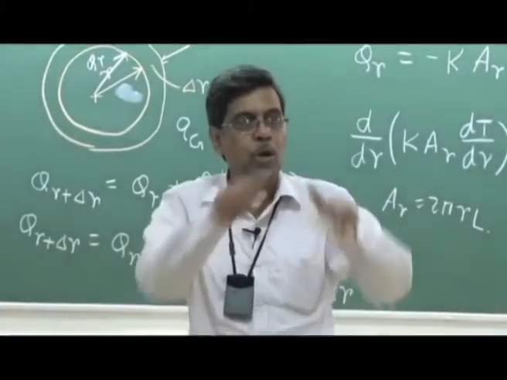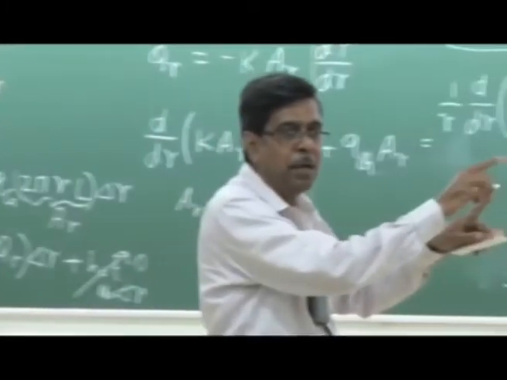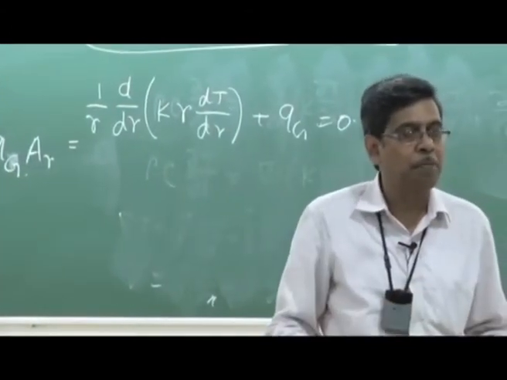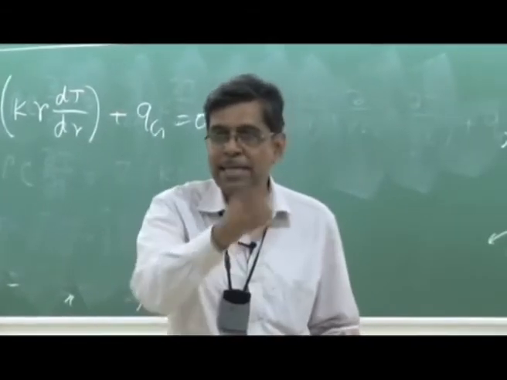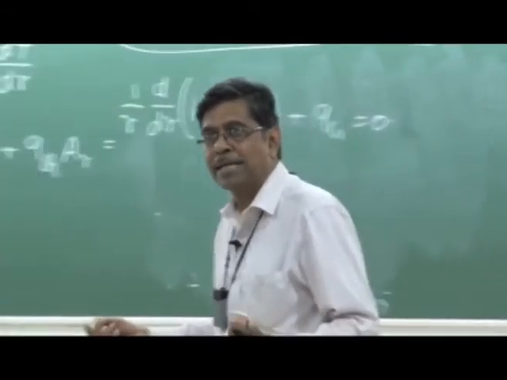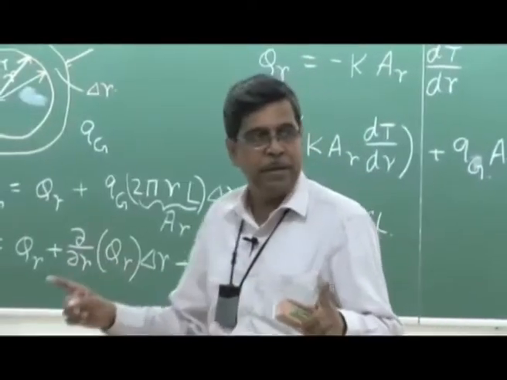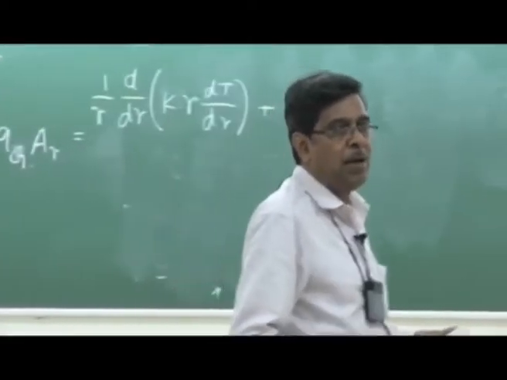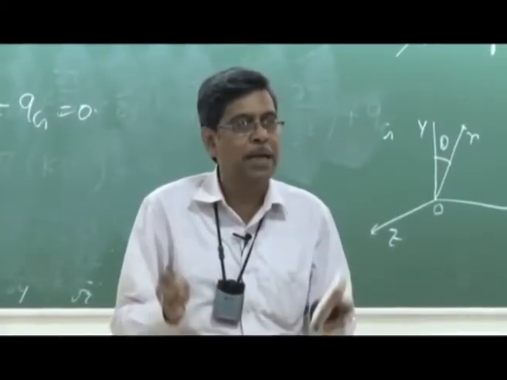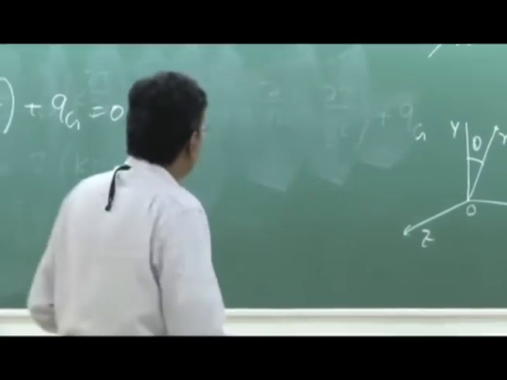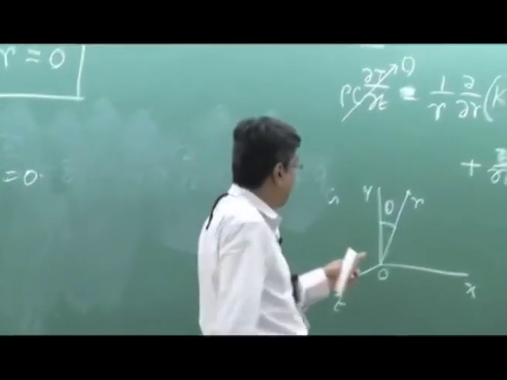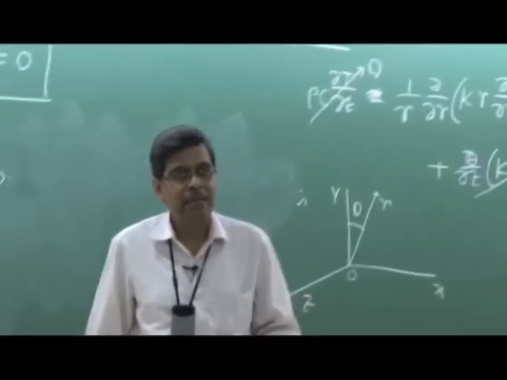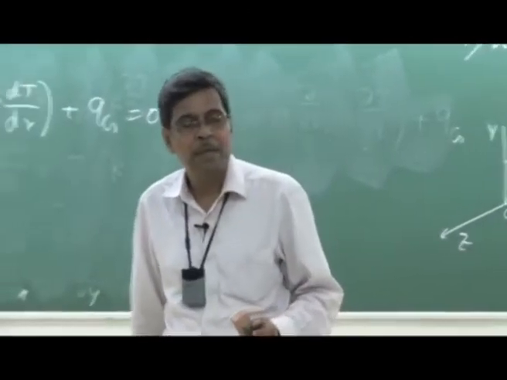This is the most simple and intelligent way. What you did, you took an element or control volume in the conducting medium whose surfaces are parallel to the coordinate planes, or edges are parallel to the coordinate axes, which becomes a parallelepiped for a Cartesian coordinate system. Similarly, you have to consider an element or control volume whose planes are parallel to the cylindrical polar coordinate system. That means parallel to r theta, r z, z theta plane.